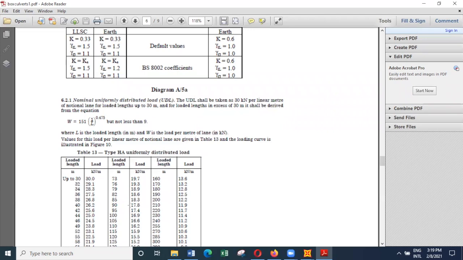Whereas in the earlier British code, they defined something called knife edge load that went along with the UDL loading, and the knife edge load magnitude is 120 kilonewtons acting across the lane.